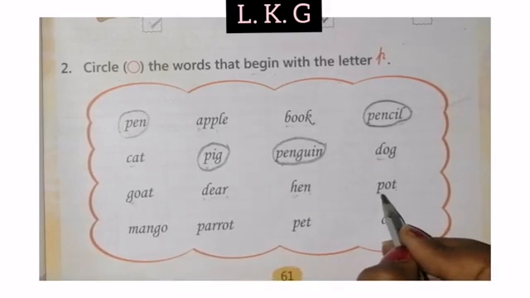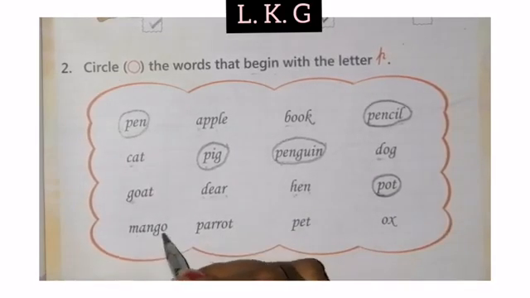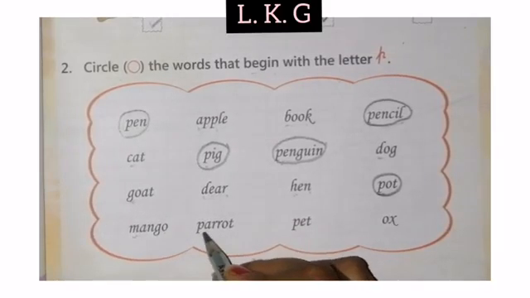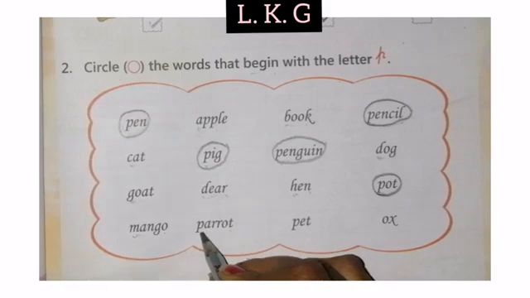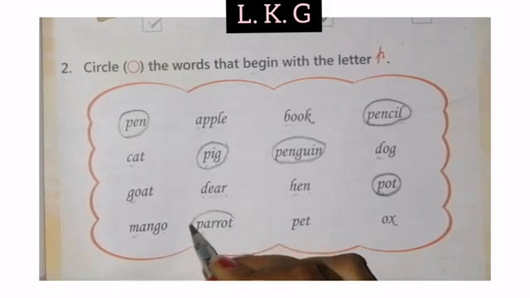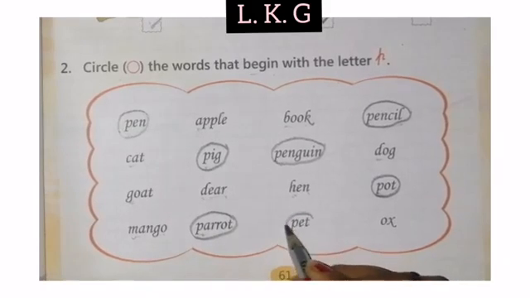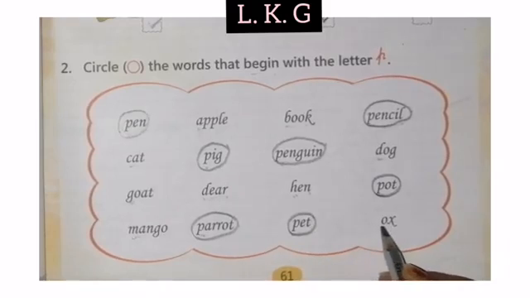Pot, it starts from P, we will circle it. Mango, it starts from M, we will not circle it. Parrot, it starts from P, we will circle it. Pet, it also starts from P, so we will circle it. Ox, it starts from O, so we will not circle it.